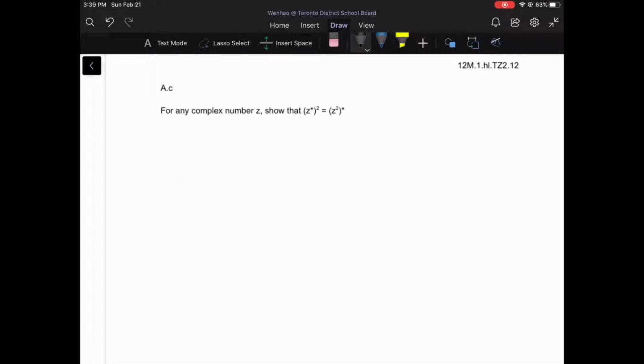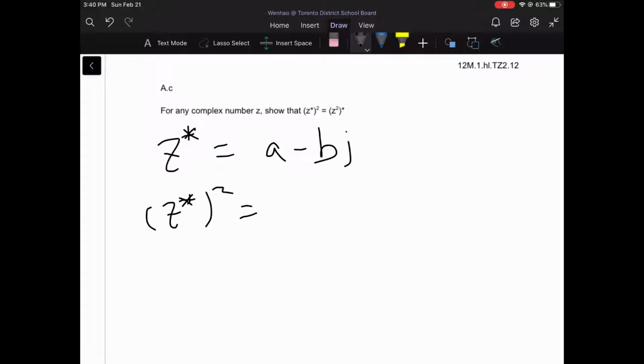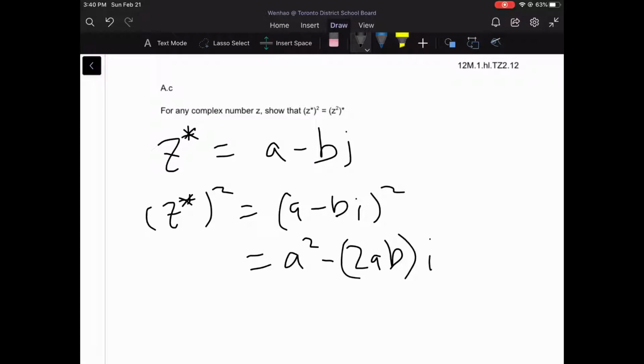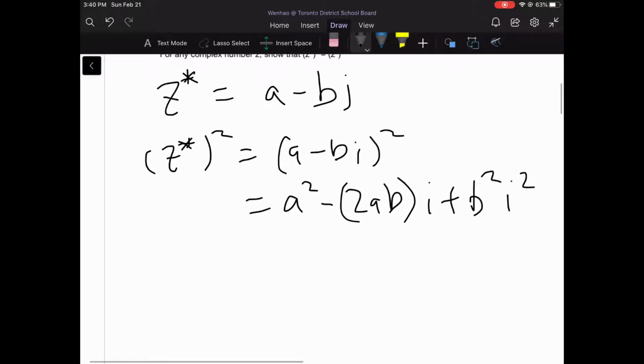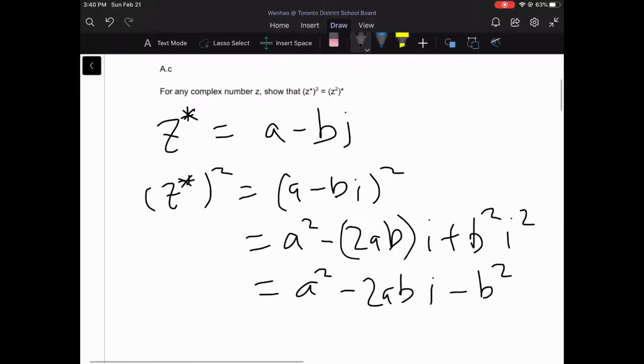So z star is equal to a minus bi, and z star squared is equal to a minus bi squared, and that is equal to a squared minus 2ab plus b squared i squared, and i squared is negative 1, so this is a squared minus 2abi minus b squared. Alright, now let's do z squared conjugate.